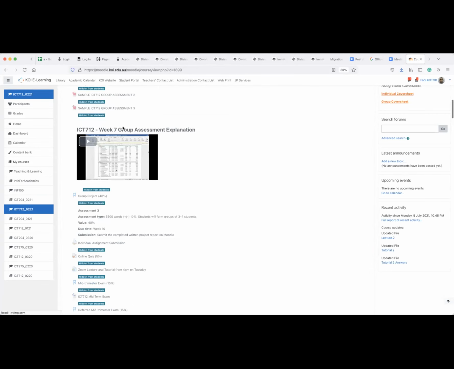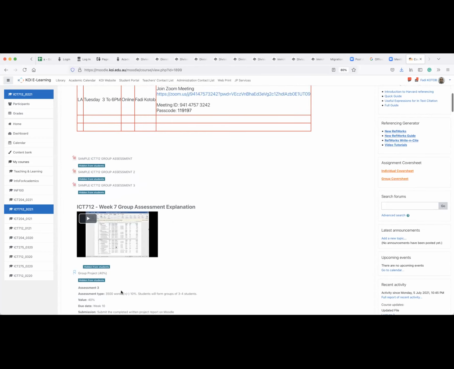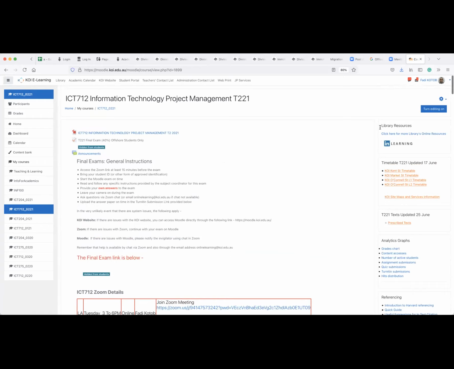I'll be adding that Turnitin link somewhere here, and that will be where you need to make sure you are submitting your work for your assignment.